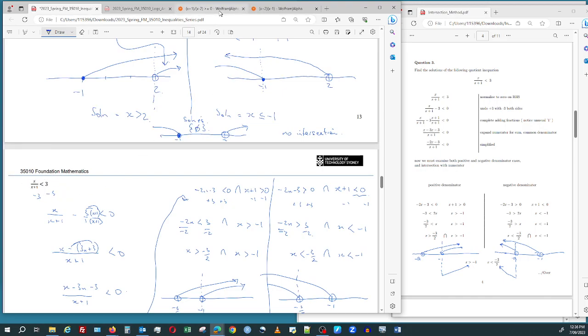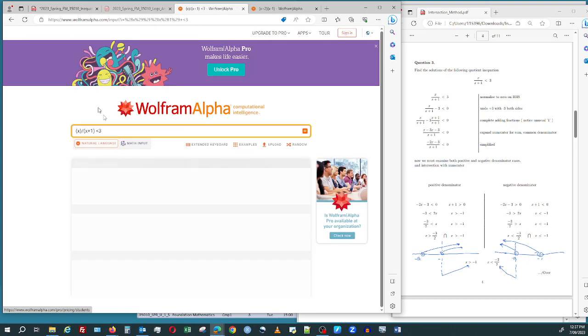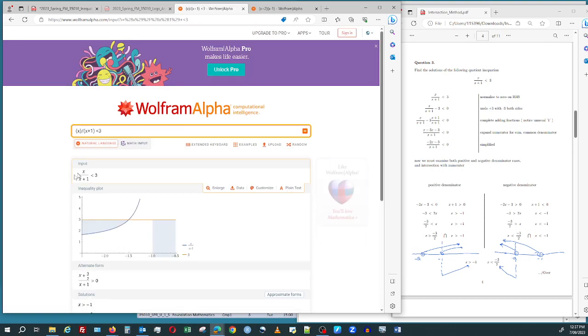Now you can check these. Don't be afraid to check them. I don't mind you using technology to check them. So we're doing x over x plus 1 is less than 3, and your values will fit.